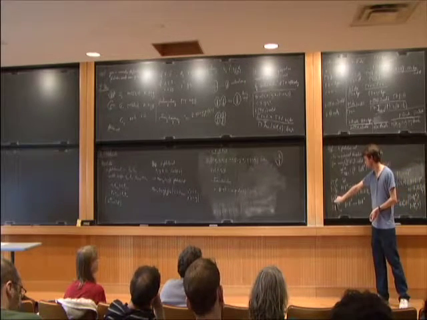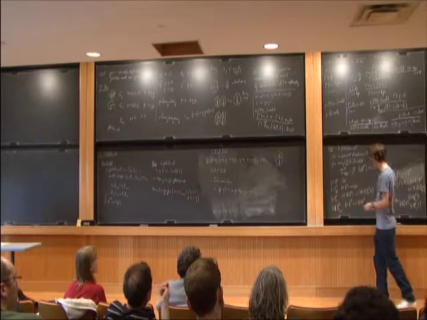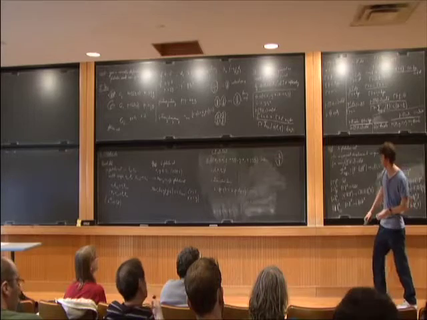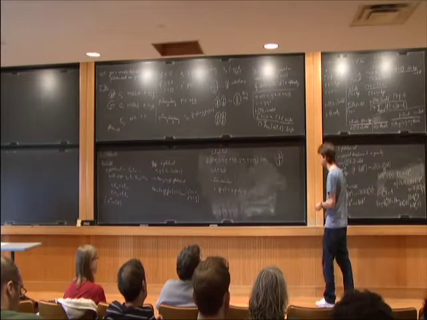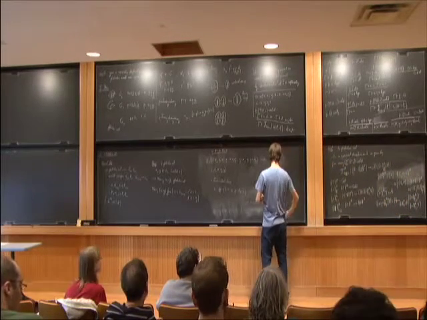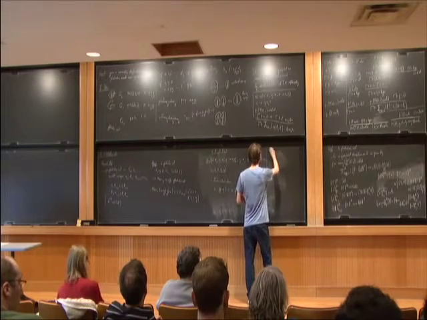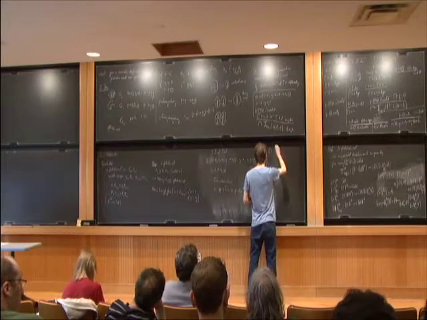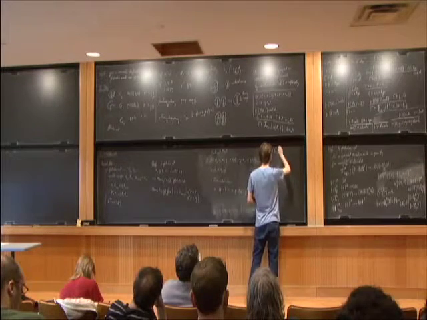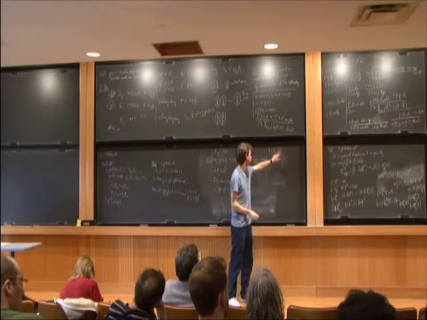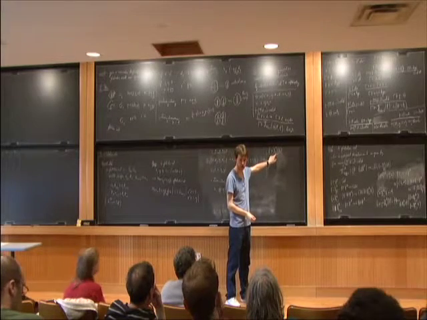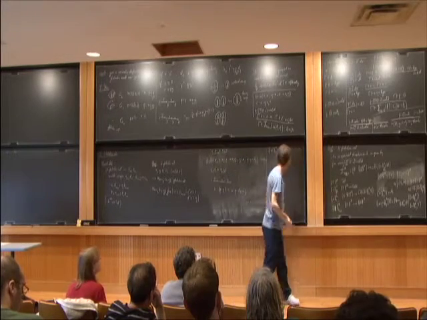Now, the interpretation of terms. Let me write it here. The interpretation of a variable should take an element in the interpretation of the context gamma and return something.